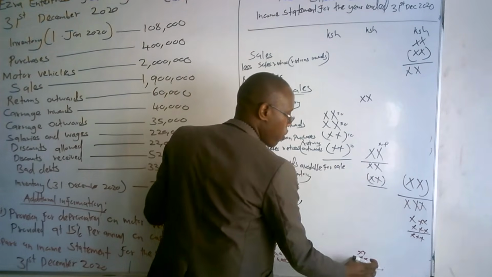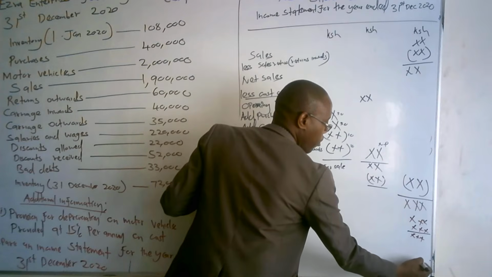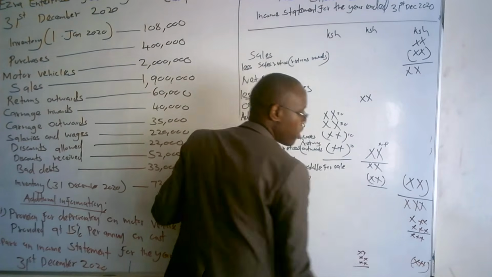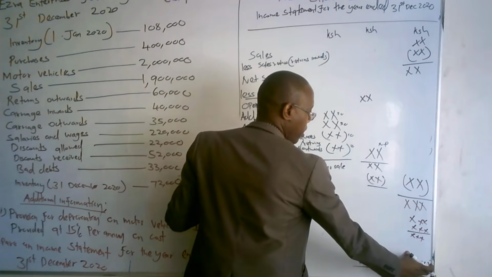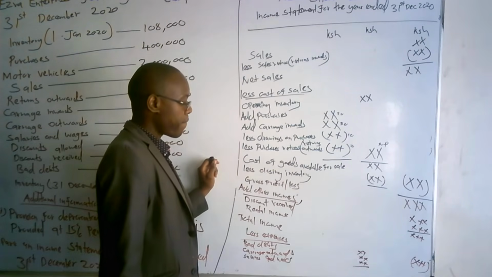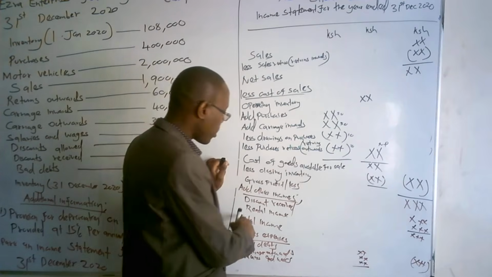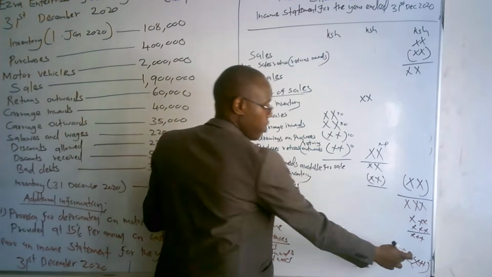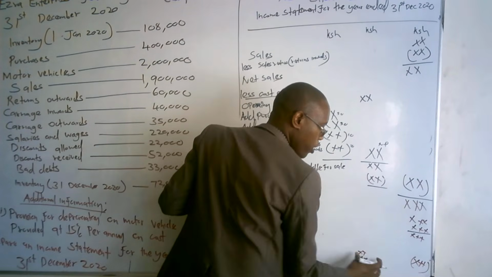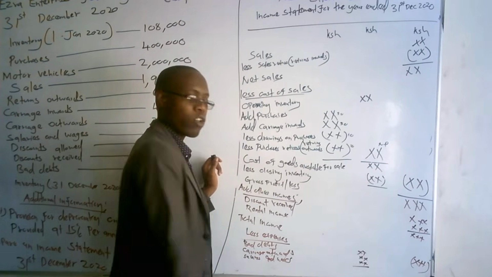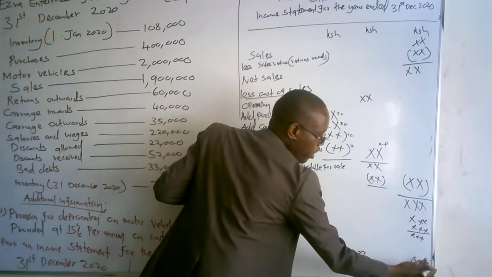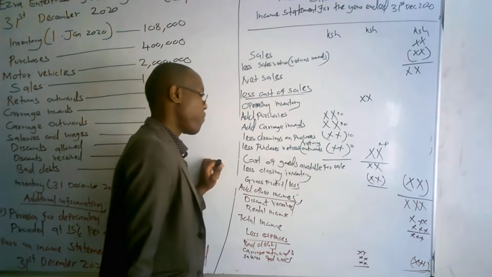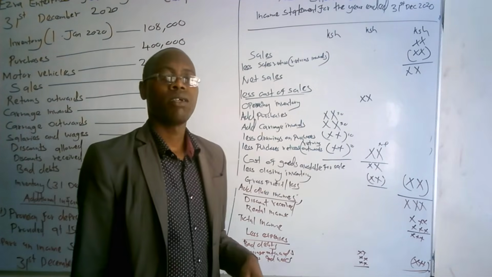So you are going to add all expenses and transfer them to the third column, and you are going to deduct them because we said less expenses. The total expenses that you have added under the second column, you transfer there and deduct from either the gross profit or the gross loss.